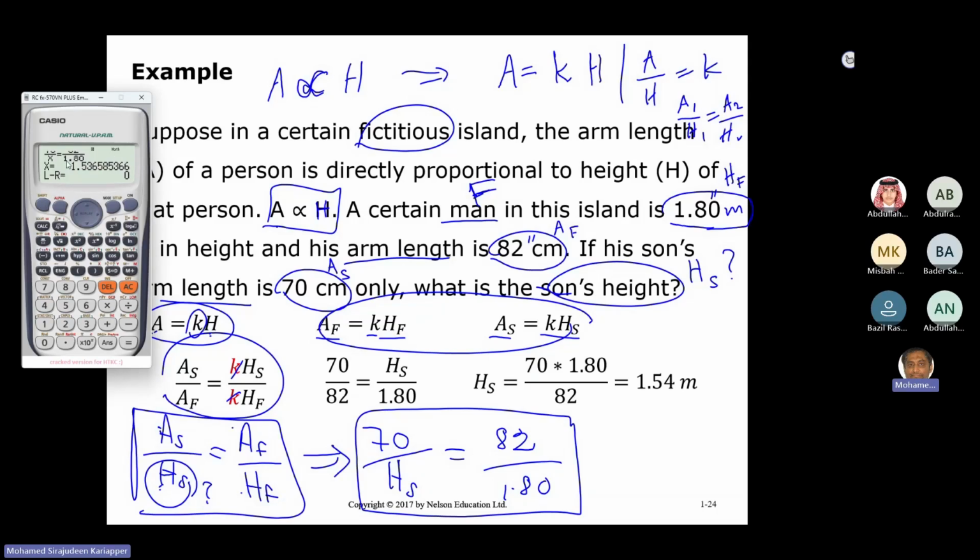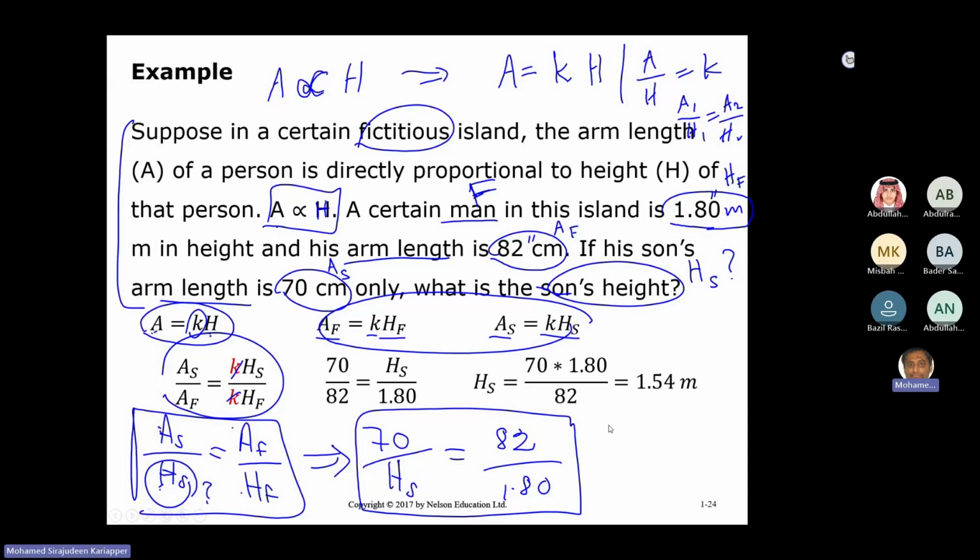If this answer is substituted back into the left side and the right side of the equation, the left side minus the right side should be 0 if they are equal. So the answer is 1.536, and when rounded to 3 significant digits, you will see it here, 1.54. Right, good. So let me go back to my slide.